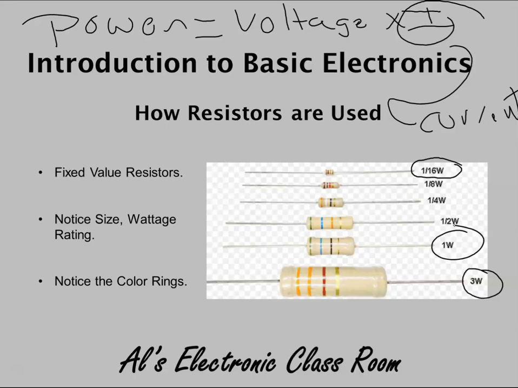So if I calculate a 1/2 watt, I want to make sure that the resistor that I put in there is double that or greater. And greater is okay too, but we would like to see at least 2 times the calculated value.